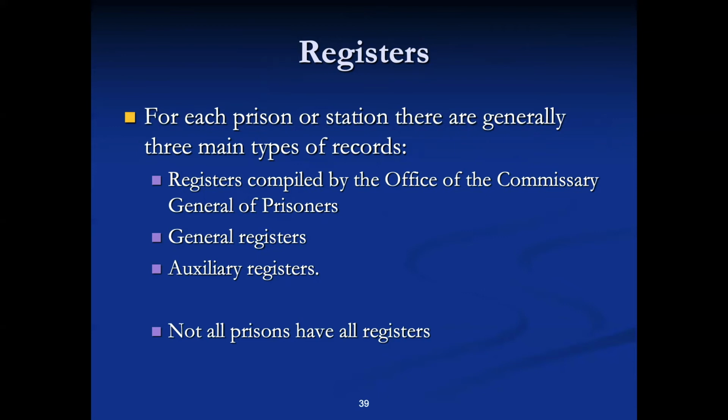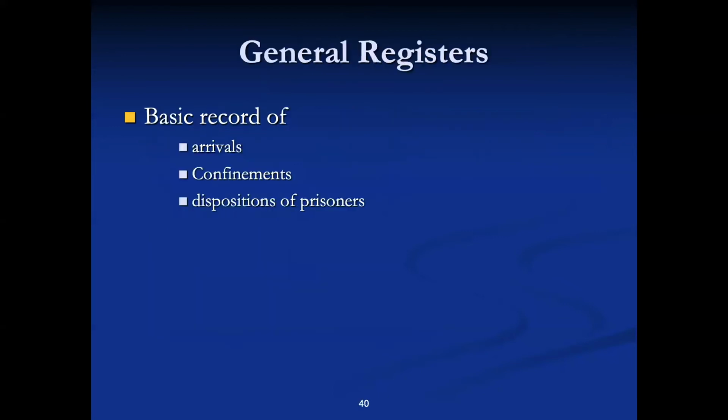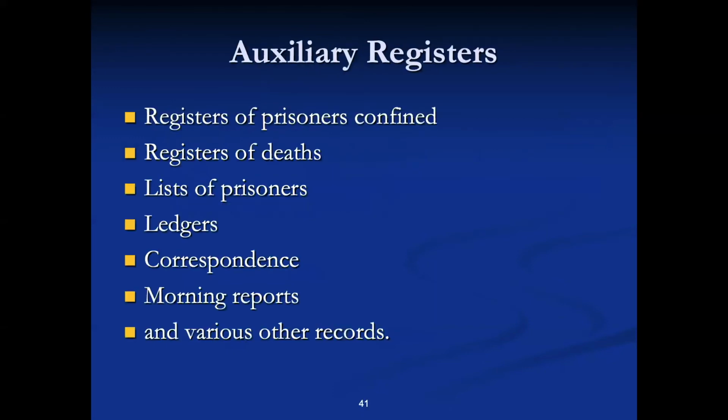So the general ledger would have arrivals, confinements, disposition of prisoners. There are several types of auxiliary registers.